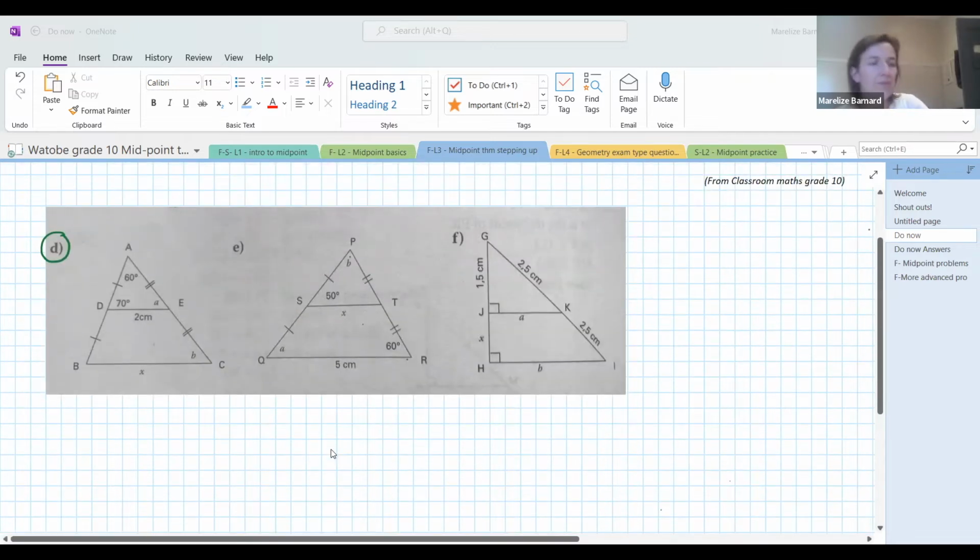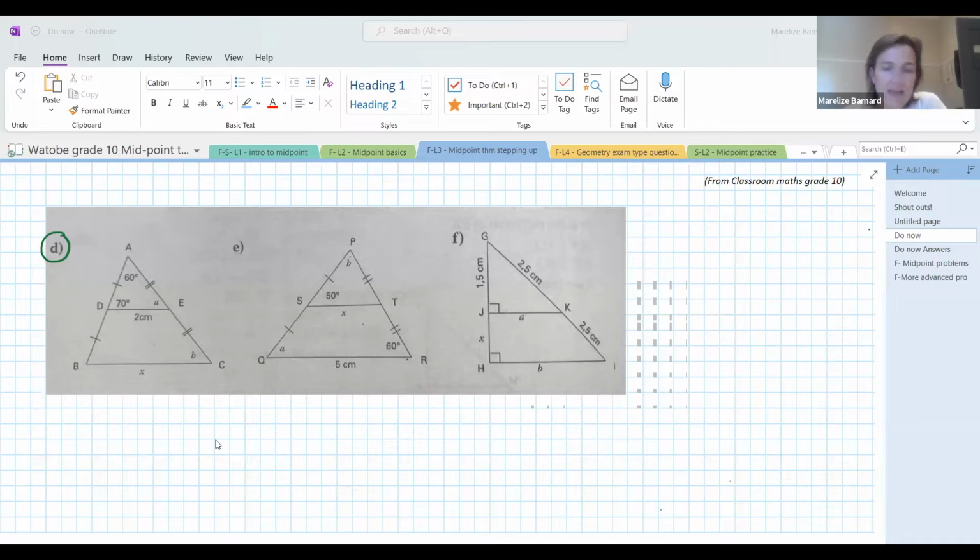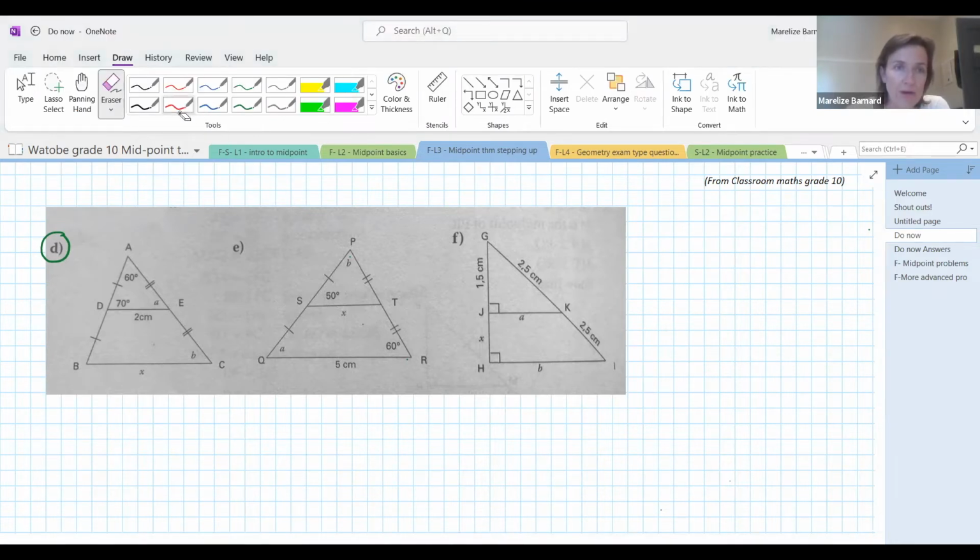Okay, so let's have a look at the first one. Let's first identify which lines are parallel. So put it in the chat with your reason. Which lines are parallel and what is your reason?